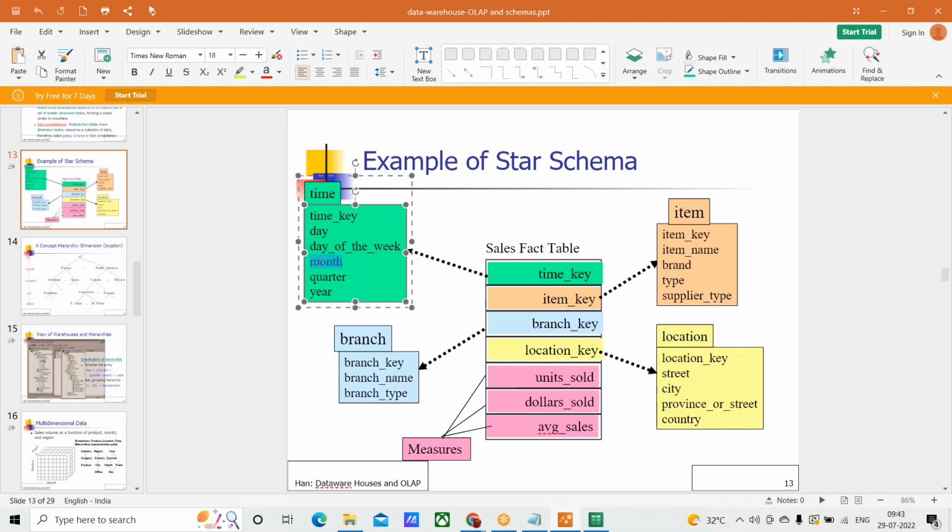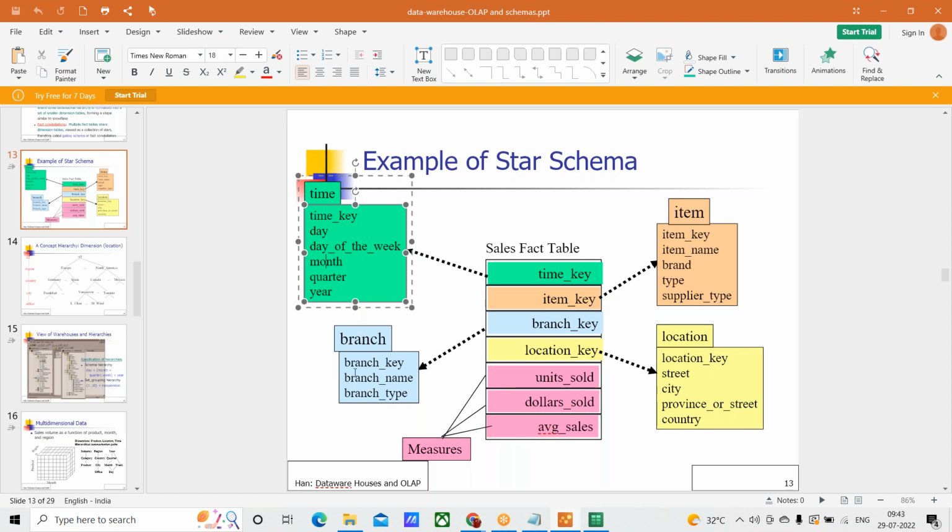If you're joining with branch, for example, you want to know branch wise monthly sales, then you have to join with branch based on branch key, and for monthly you have to join with the time dimension with time key, then put a filter on month, so you will get the total sales of all the branches month wise.